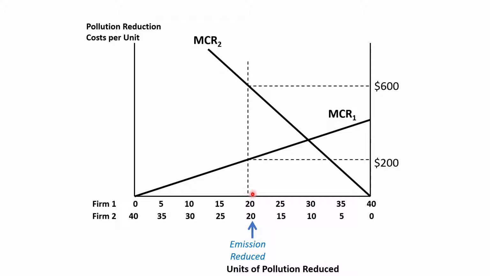At the 20th ton, it costs firm 1 $200 to reduce that 1 ton. Now, careful, this is not the total cost. This is the marginal cost of the 20th ton. And for firm 2, we go from right to left, and it costs $600 to reduce the 20th ton. Okay, so now let's switch over to paper to do some numerical calculations.